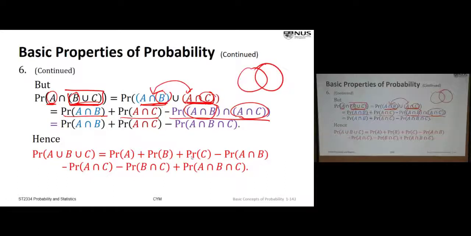A union B. So this part belongs to A, but not B. This part belongs to A and B. This part belongs to A complement and B. So basically, from the Venn diagram, you know that there are three parts. So what A union B means is that you have the elements in A, or the elements may be in B, or it can be in both.